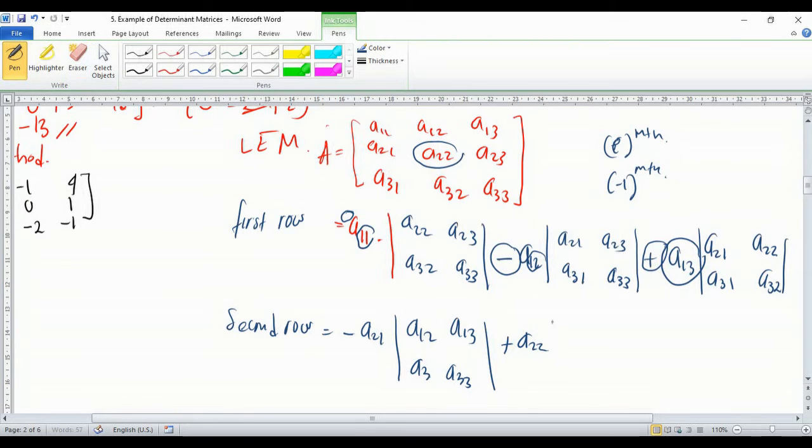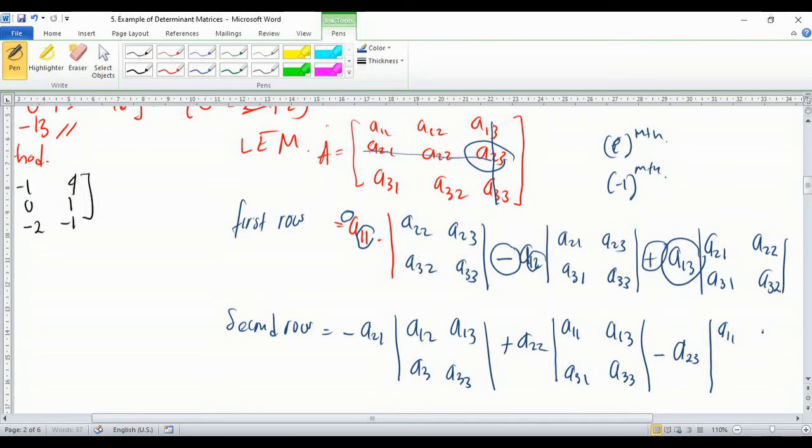So A22 times the determinant of A11, A13, A31, A33. Okay, and then we take A23. A23 is 2 plus 3 is 5. Minus 1 to the power 5 is minus. So minus A23 times the determinant, because this is the second row and the third column. So this one should be A11, A12, A31, A32.